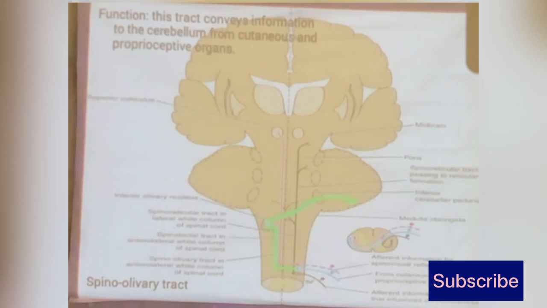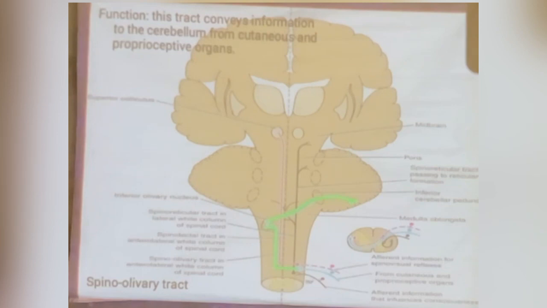It's supposed to be the spino-olivocerebellar tract, ideally. Are you clear? It's supposed to be spino-olivocerebellar because it has three orders of neurons. But actually it's shortened to spino-olivary. But we know that the third order neuron began from the inferior olivary nucleus, then to the cerebellum.